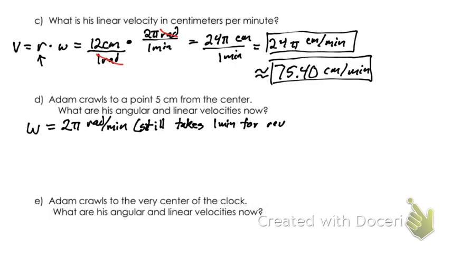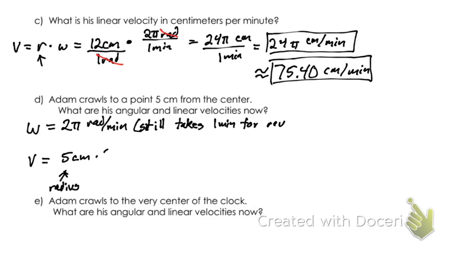All right, our linear velocity will change though because our radius changed. Adam crawls to a point 5 centimeters from the center, so your radius is now 5 centimeters. The formula is take the radius and multiply it by our angular velocity.